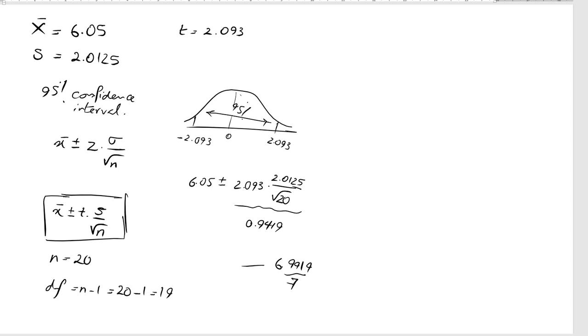And the lower boundary would be, when I deduct 0.94 from 6.05, I would get 5.1081. So I would say that I'm 95% confident that the true population mean would lie between 5.108 and 6.99, which is almost 7. So you remember to write the interpretation. Interpretation is very important and carries marks in the exam.